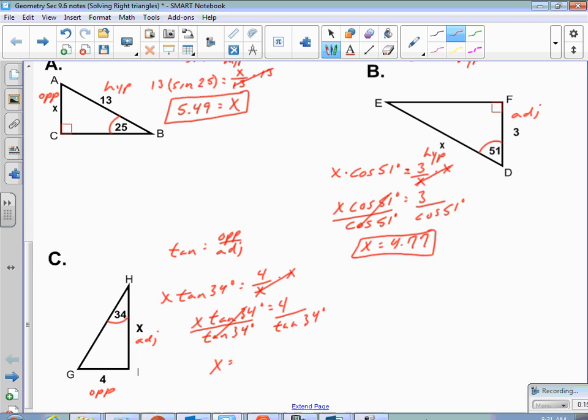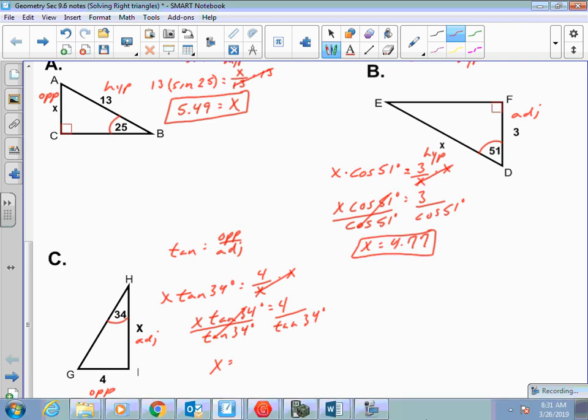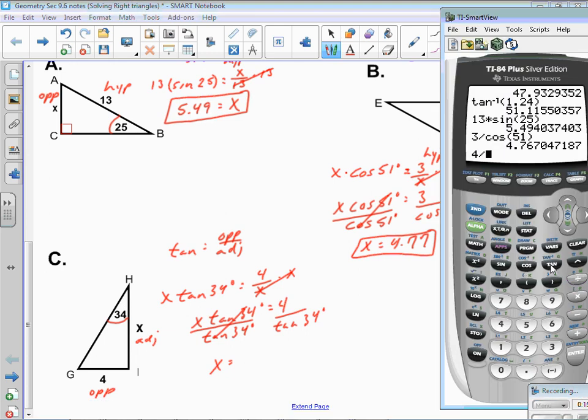And so 4 divided by the tangent of 34 will be 5.93.